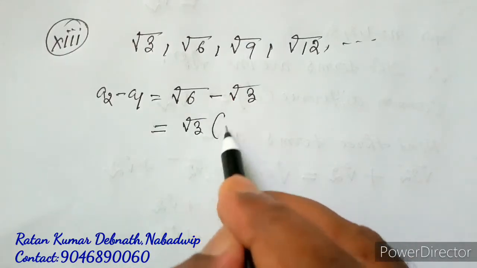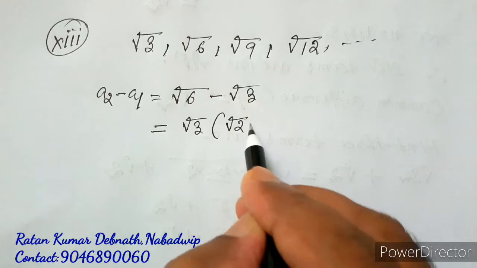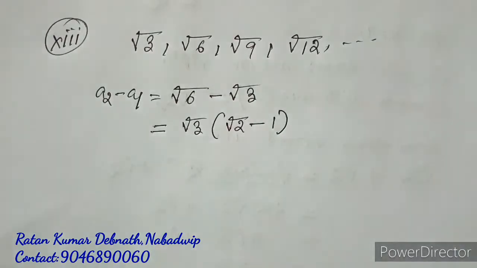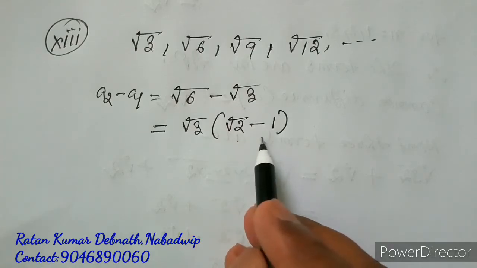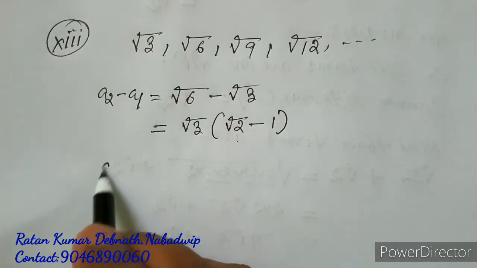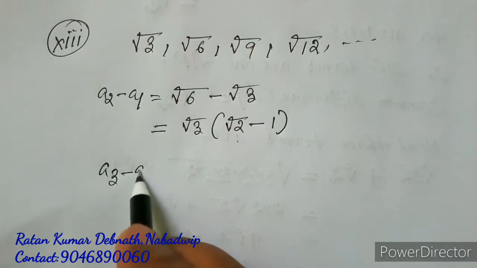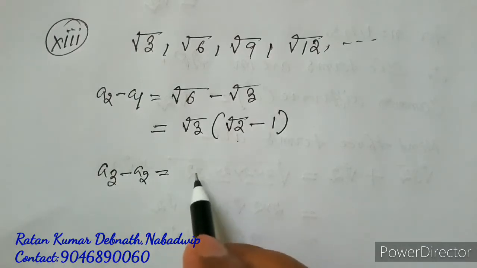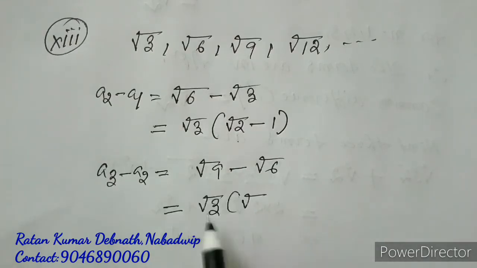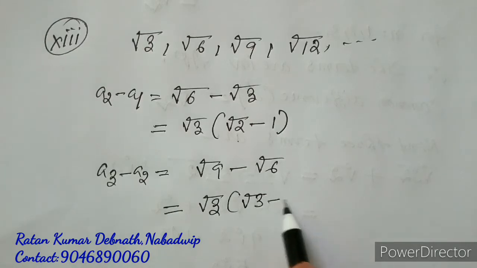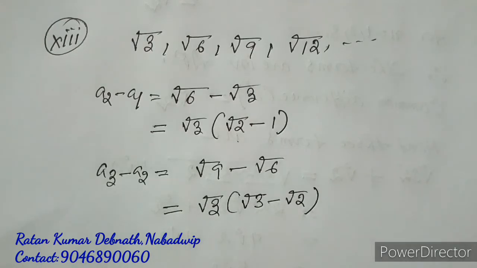If we take common root 3, it will be root 2 minus 1 within the bracket: root 3 into root 2 minus 1. Now a3 minus a2 equal to root 9 minus root 6. If we take common root 3, the number within the bracket will be root 3 minus root 2.